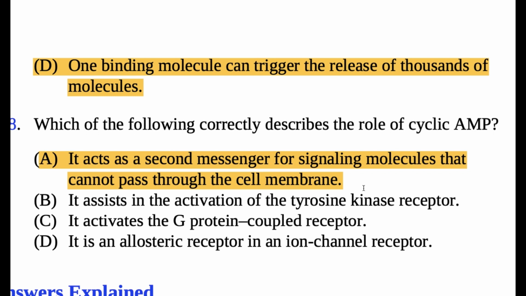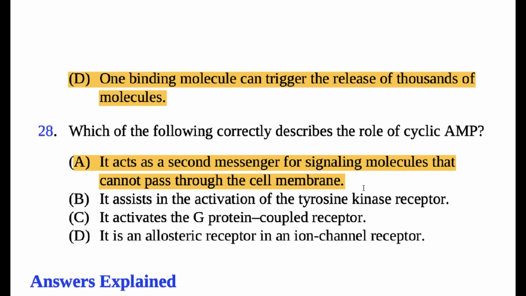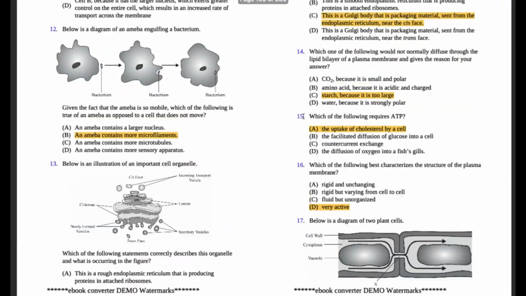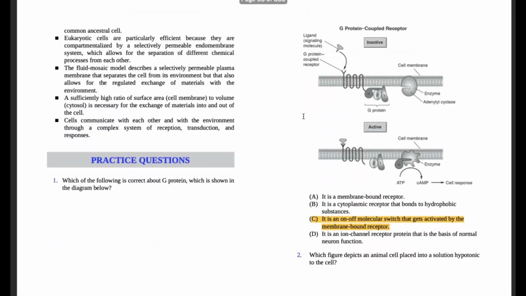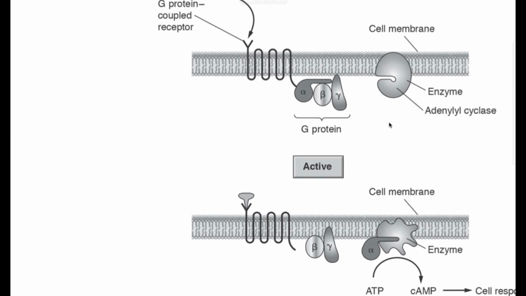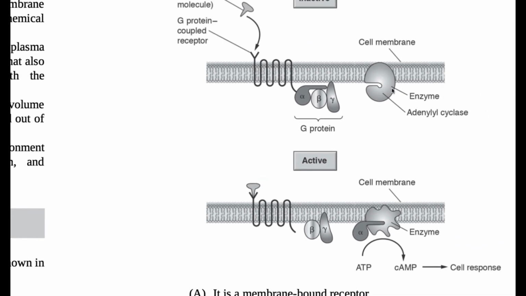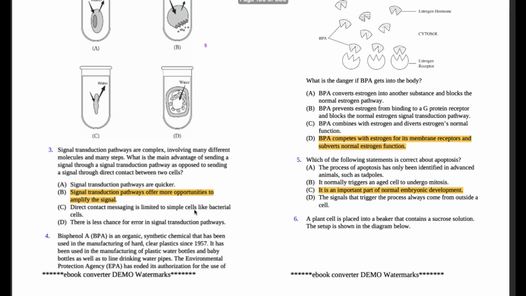Let's take a look at B. It assists in the activation of the tyrosine kinase receptor. No, it's not. It activates the G protein coupled receptor. It's not, because in the first question, you can see a clear diagram here that the G protein will bond with the enzyme, therefore turning ATP into cyclic AMP, right?